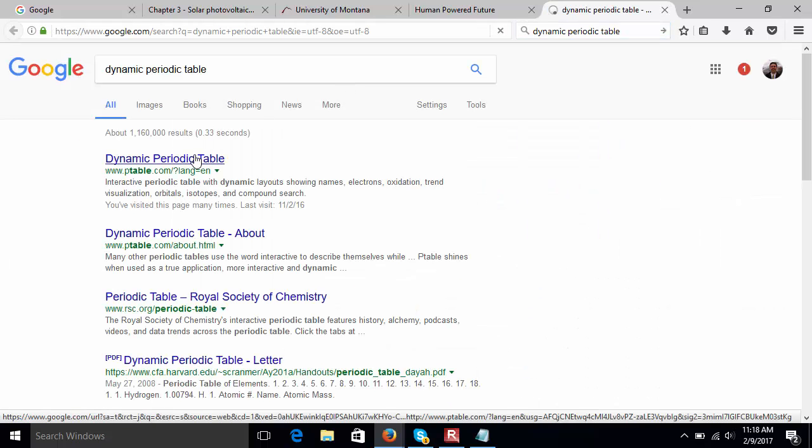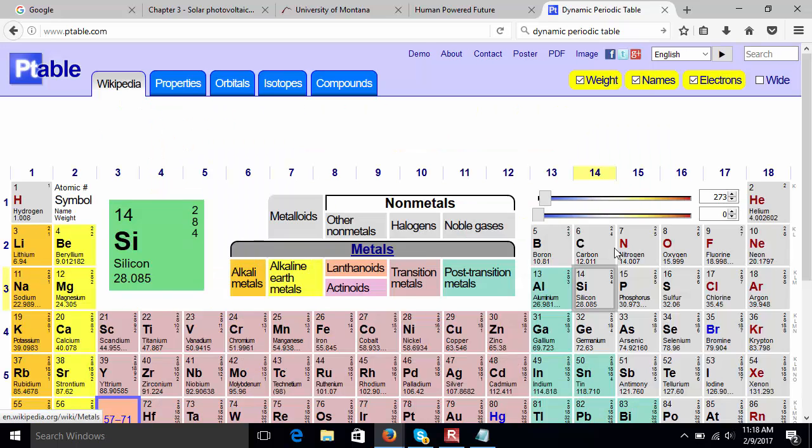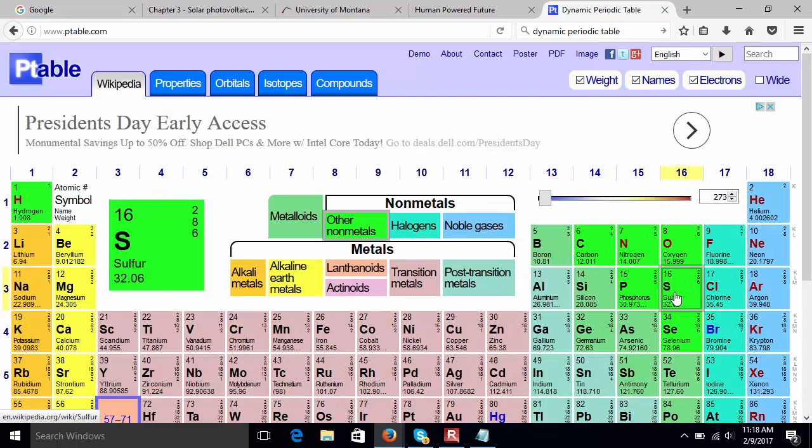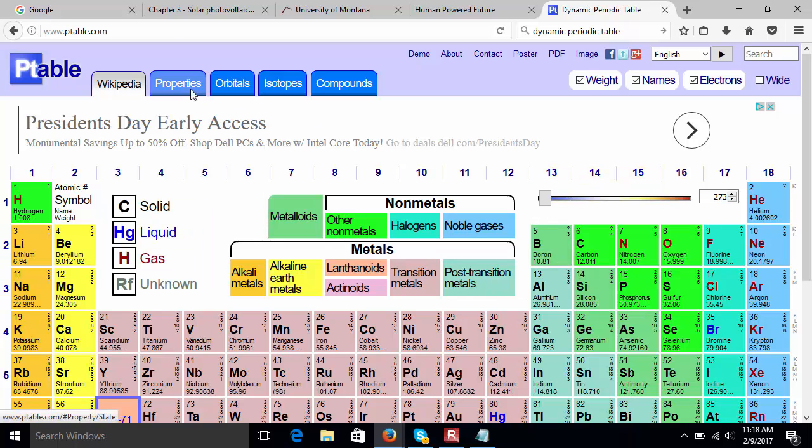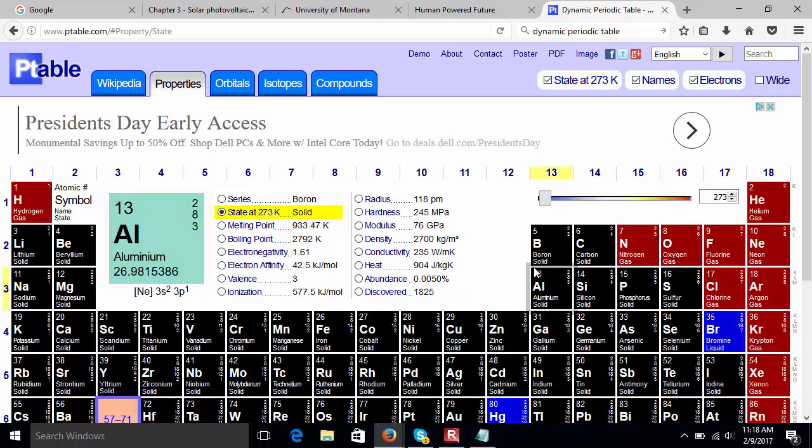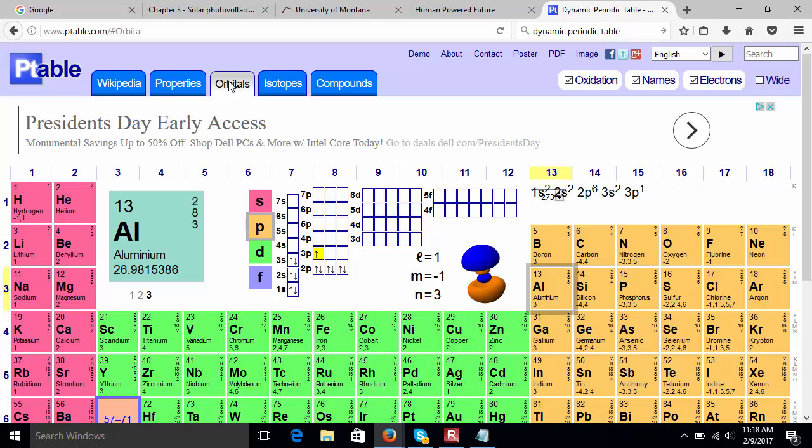Dynamic periodic table. So the key players are silicon, and the key dopants are going to be boron and phosphorus. So if we look at silicon, look at the orbitals. You can look at that 3p orbital right in the middle.